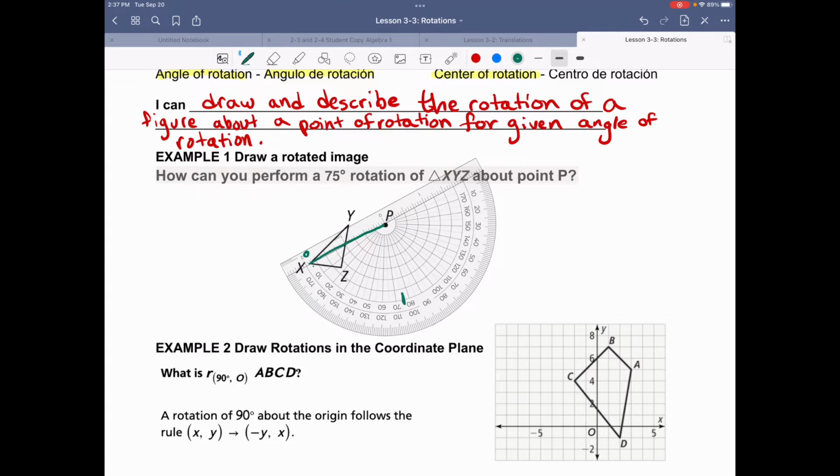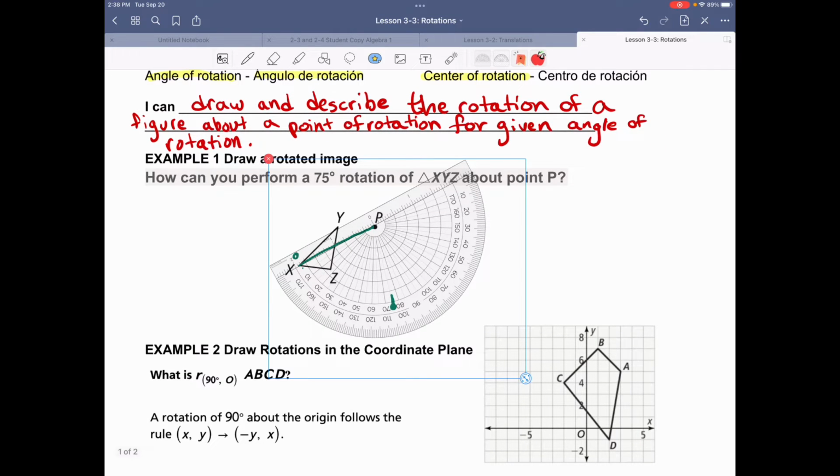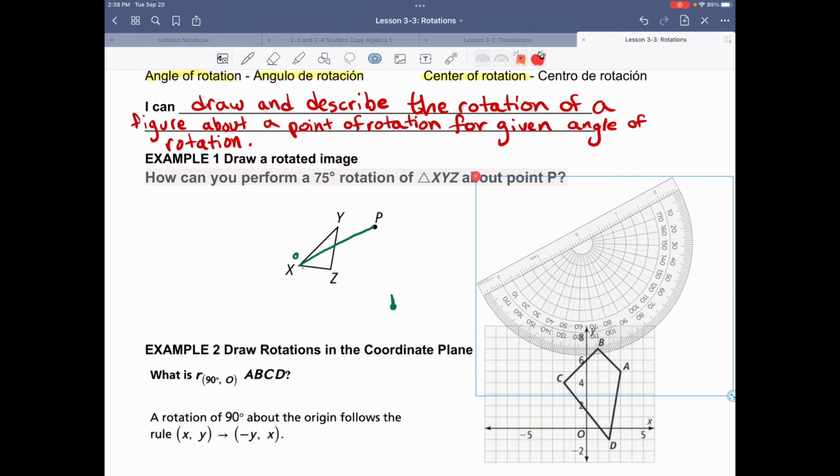That puts me right here. If I measure from X to P, that'll be the distance that I want to go, which is right here. You're going to need to use a ruler to make the distance equal to the distance XP. So let me move my protractor out of the way here.